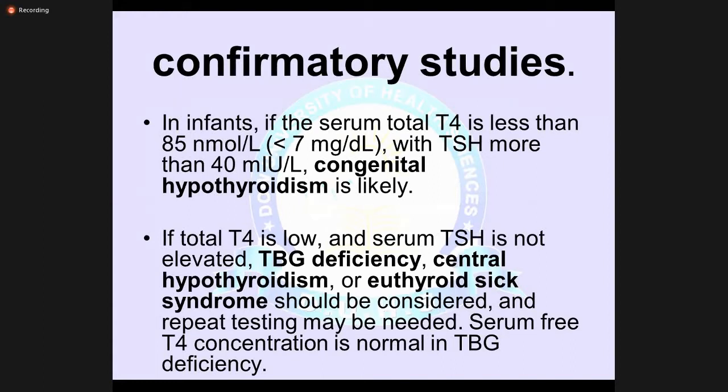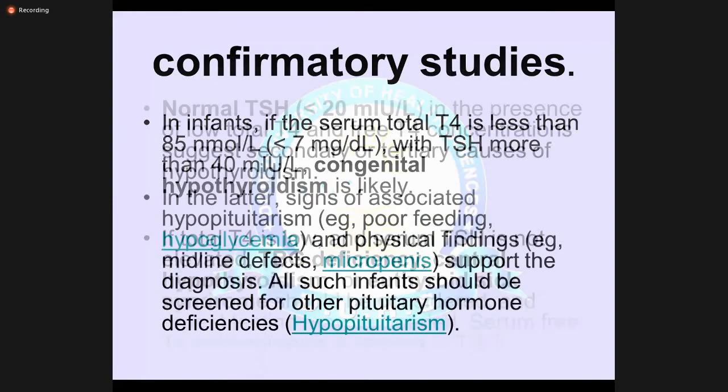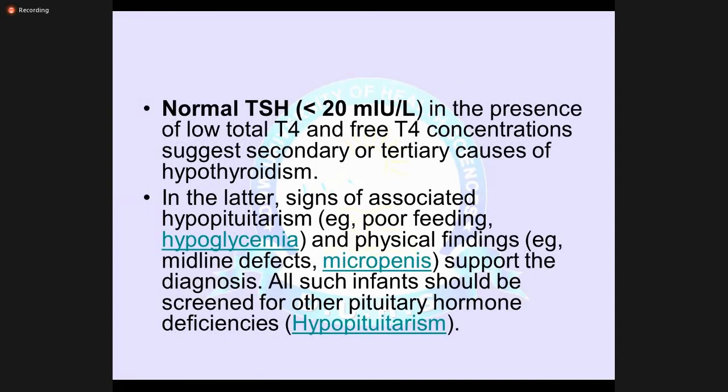If total T4 is low and serum TSH is not elevated, then thyroxine binding globulin deficiency, central hypothyroidism, or euthyroid sick syndrome should be considered, and repeat testing may be needed. Serum free T4 concentration is normal in thyroxine binding globulin deficiency. Normal TSH in the presence of low T4 and free T4 concentration suggests secondary or tertiary causes of hypothyroidism.